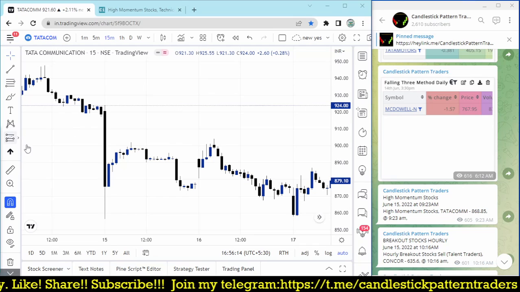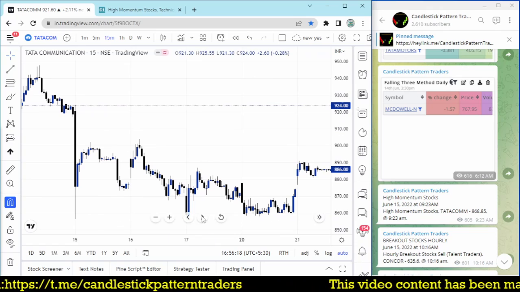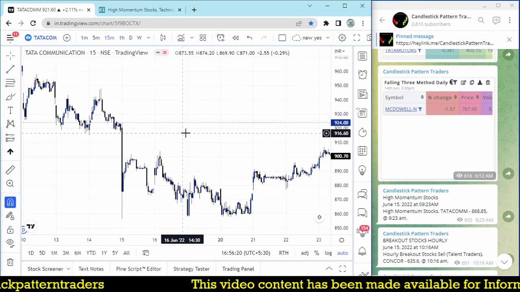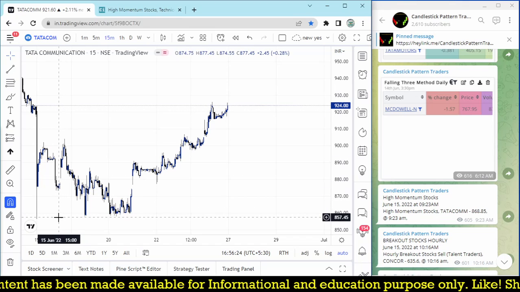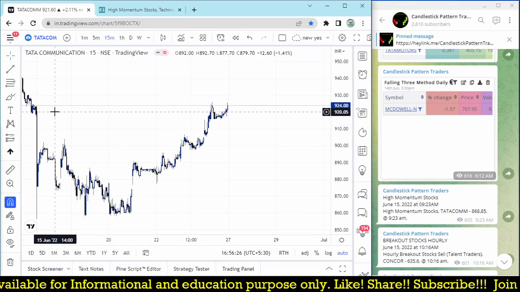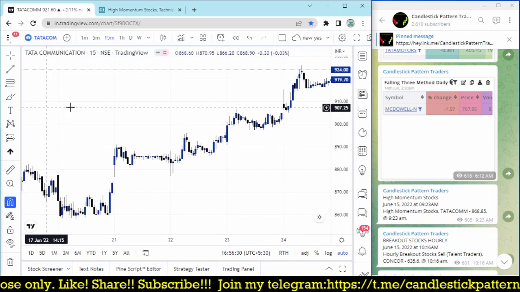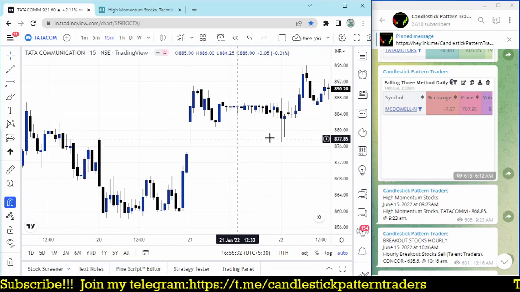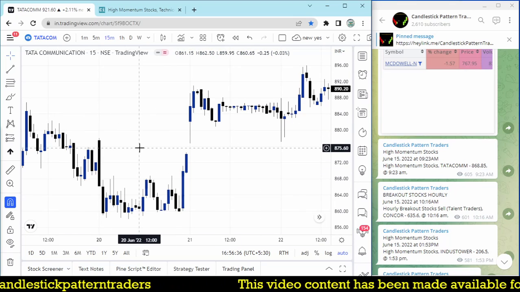It never broke on the day. The next day it came down to the level and bounced back, and after that it traded in a very narrow range. Yesterday the high was broken, so we are not supposed to take the trade, because on that day if you get a trade opportunity we focus on it. So in this stock we don't have an entry opportunity.